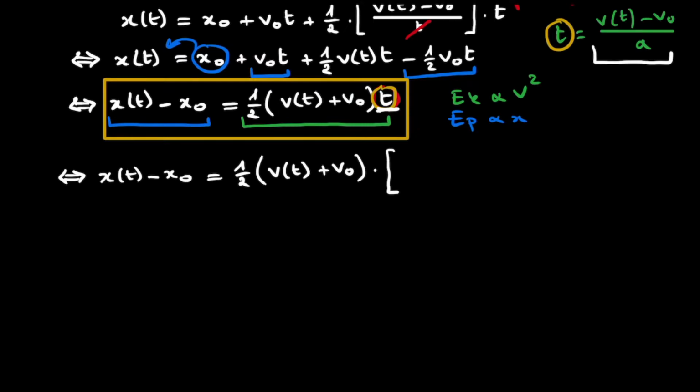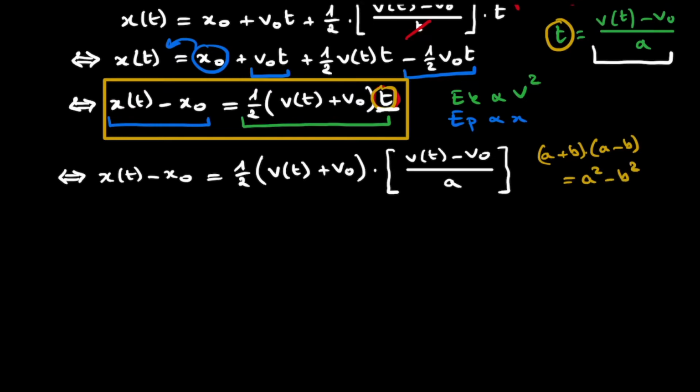So we do just that, and we multiply by v of t minus v0 divided by the acceleration a. And at this point we see that we have v of t plus v0, and here we have v of t minus v0. And then we use our knowledge of algebra that a plus b multiplied by a minus b is equal to a squared minus b squared. And therefore we can rewrite the right hand side as follows.